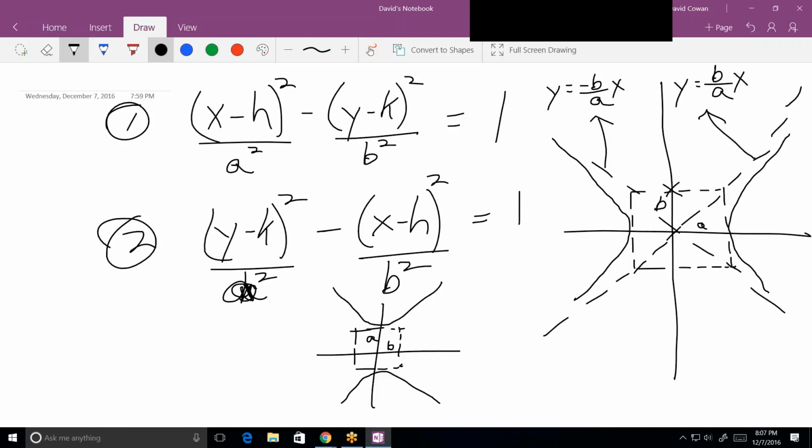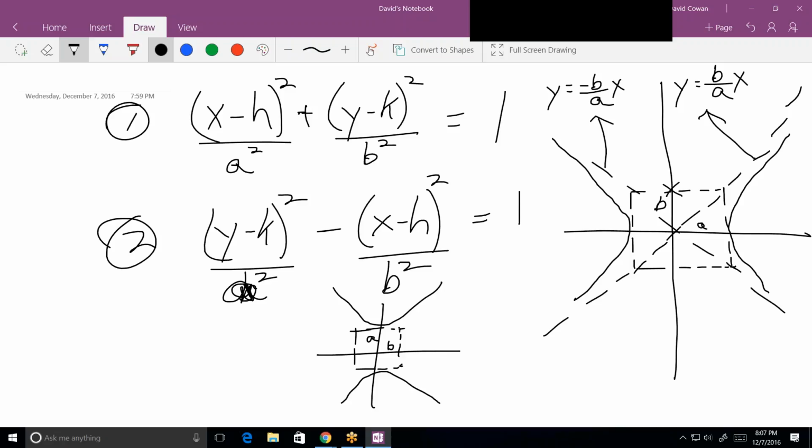Well, ellipses are actually quite similar. It's just that there's a plus sign in front of the x and the y. That's the only difference. Well, there's one other difference, and that is the A is always bigger than the B, and the A goes with the major axis.